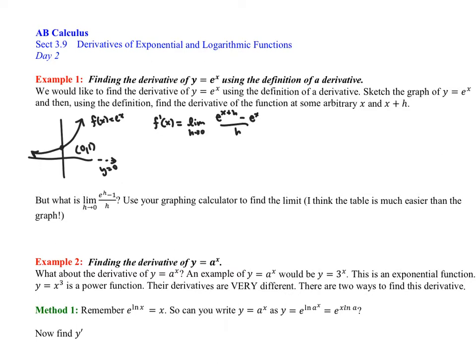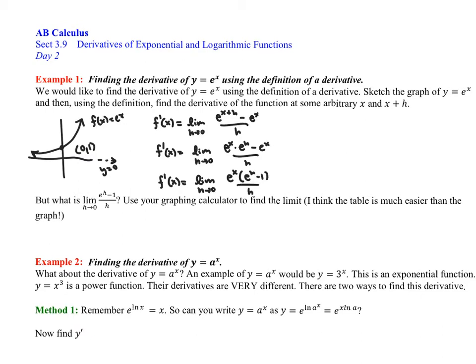Okay, so the way we would want to go about this is to take the limit as h approaches 0, and I'm going to rewrite e to the x plus h as e to the x times e to the h. What that allows me to do is to factor out an e to the x in the numerator, which leaves me with e to the h minus 1 over h.